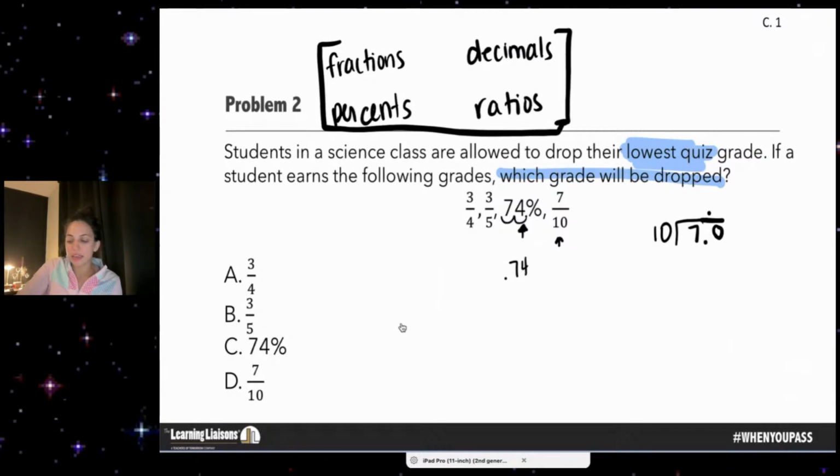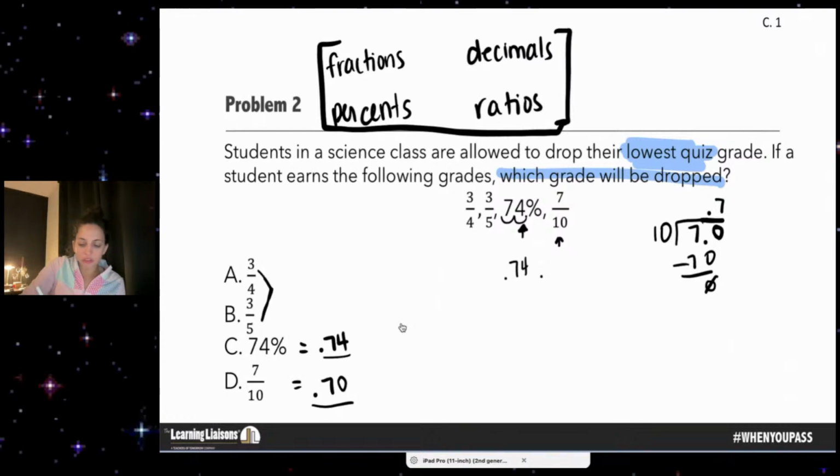So I'm going to add a decimal 0 because 7 and 7.00 are the same thing. 10 can go into 70 7 times, and that is going to be my conversion. So I have 0.7, and I'm going to add a 0 just so that it has the same number of place values as the other. And then I'm going to do the same thing with 3/4 and 3/5.